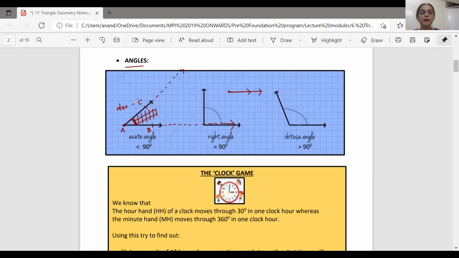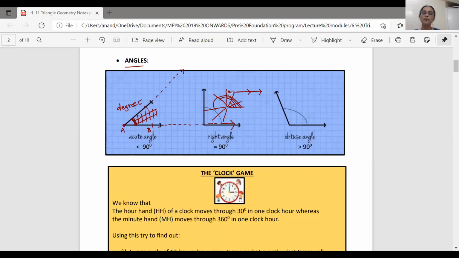To understand the position of these two rays, whether these rays are very close or a little far or like this or like this, any which way I can draw two rays, no? So to measure the position of these two rays, we use a unit which we call degree.